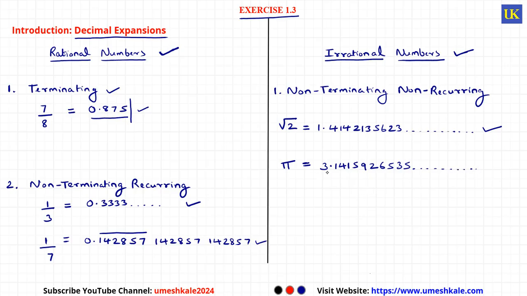So here also we can see that this decimal expansion is non-terminating, it is not stopping, and it is not repeating. Not a single number nor a group of numbers is repeating. So it is non-terminating, non-recurring. If we have this type of decimal expansion, then such numbers are called irrational numbers.